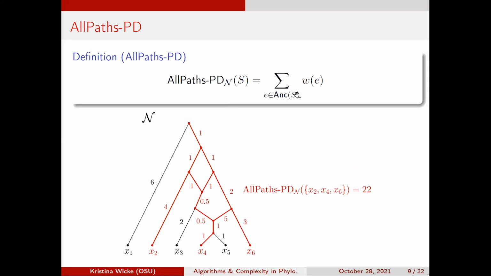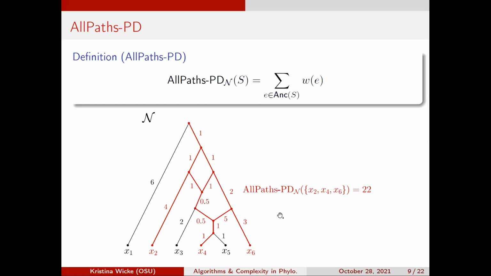S as the sum of all edge weights over all edges that are ancestral to at least one taxon in S. Or in other words, we consider the induced subnetwork on the leaf set S that connects those leaves with the root. So in this example, for all-path PD of X2, X4, X6, we get this red induced subnetwork.